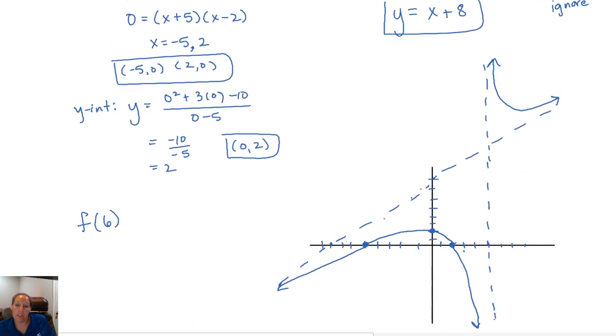So that means that our graph is going to go through this point up here at (6, 44). And again, you can plot points anywhere in there and get a better picture of what our graph's going to look like.